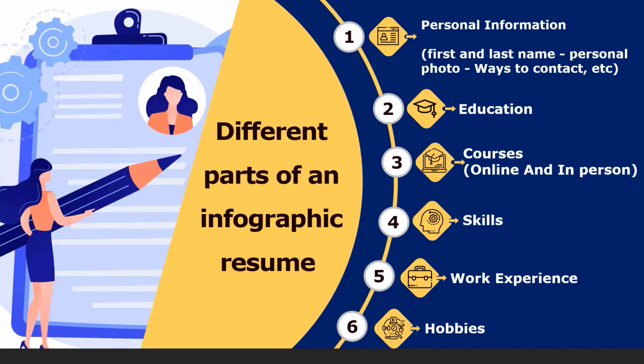But depending on which organization you are sending your resume to, you can change the order of presenting the information. For example, if you are sending a resume to a scientific center, then it is better to put your education first and then your work experiences. But if you are sending a resume to a company where your skills and work experiences are more important to the employer, it is better to put the skills and work experiences or skill training courses you have completed first.